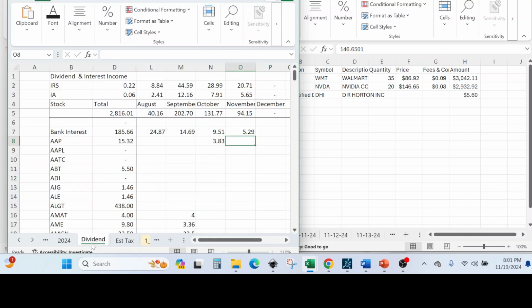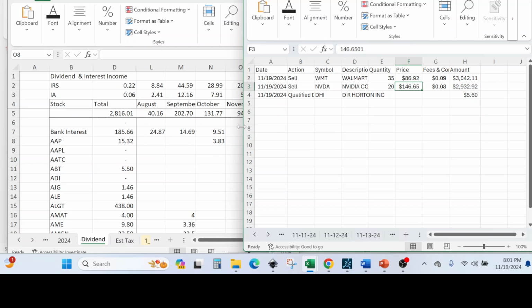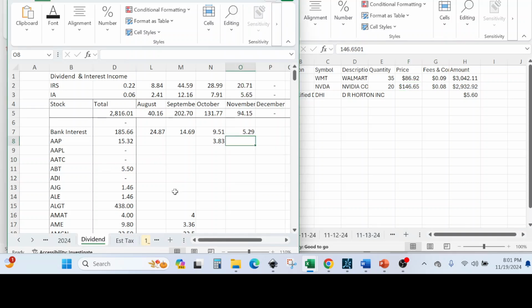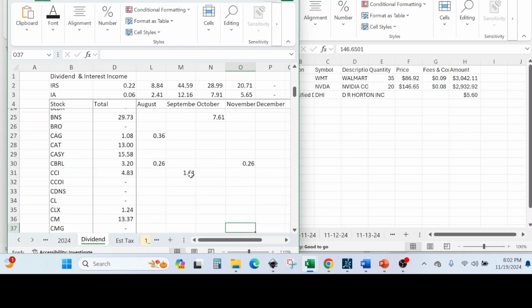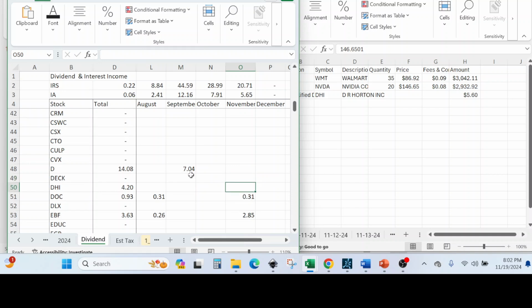we'll go to our dividend tab and we'll locate DHI, and this DHI, it is a dividend stock. No, it is a stock we purchased for trading, but it is negative in the account, and while it's waiting there, it's paying some dividend. And it is 5.60.